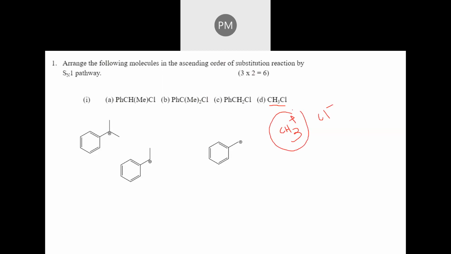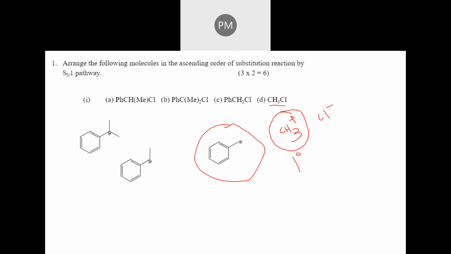Now we have to find out the stability of this carbocation. If the stability of the carbocation is more, then the SN1 pathway will be favored more. This methyl ion is a 1 degree carbocation, so it will be less stable. The next one is the benzylic carbocation, which is more stable.